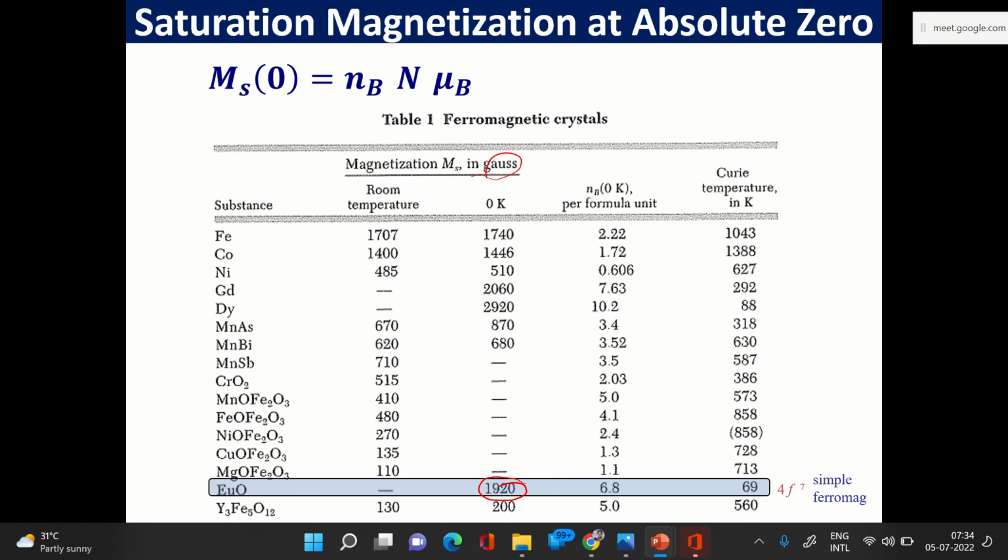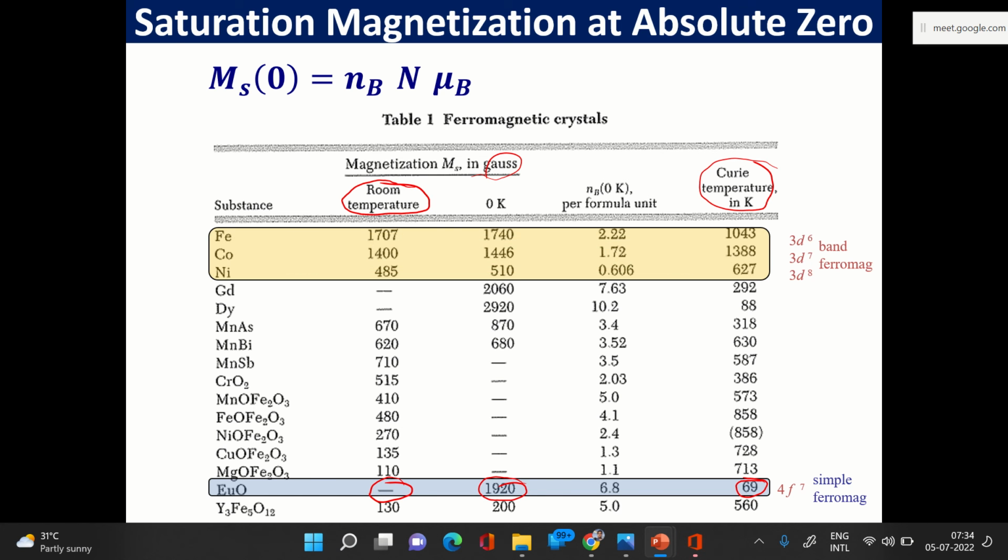And you see the Curie temperature is located in this column. 69 Kelvin is the Curie temperature. What does this mean? This means that europium oxide will not show ferromagnetic behavior above 69 Kelvin. So at room temperature, when you are looking at magnetization, you have nothing over here.